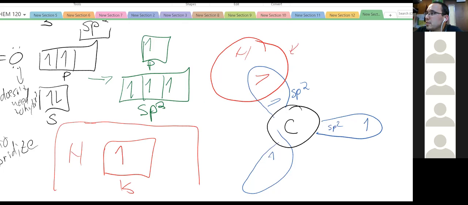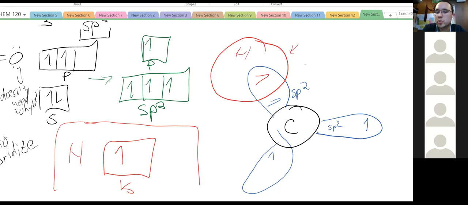This box that we have is its 1s. How many electrons can we fit into a box? 2. How many does it have in there right now? 1. So hydrogen has an opening to take in 1 more electron inside of its s orbital to become a full, complete orbital. So would that become a sigma bond?